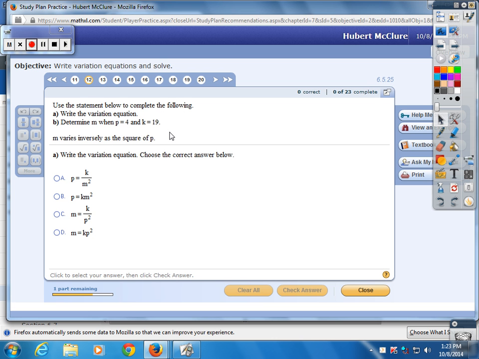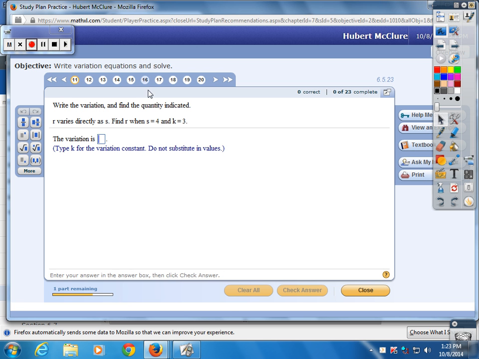I don't want to do that. Varies inversely, don't want to do that one either. Okay, here we go. Write the variation, that means the equation, and find the quantity indicated. R varies directly as S. We just did one like this. Find R when S is equal to 4 and K is equal to 3.